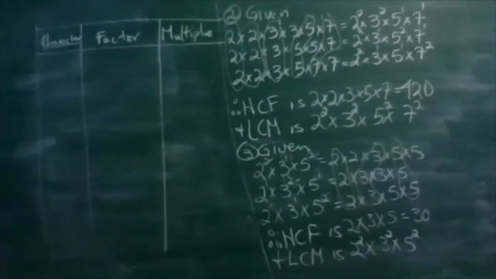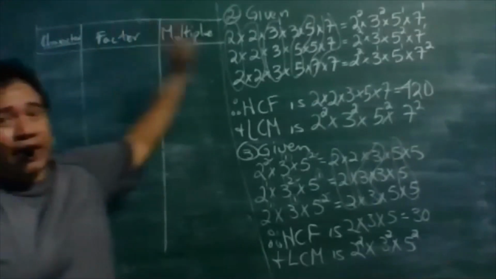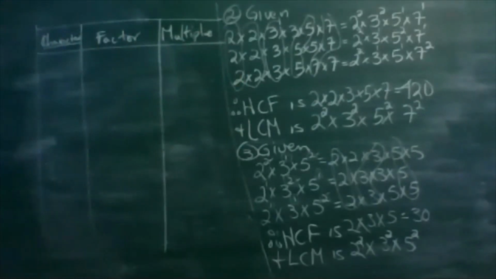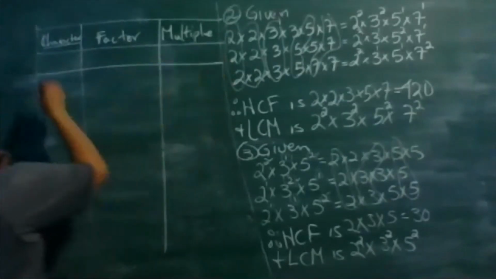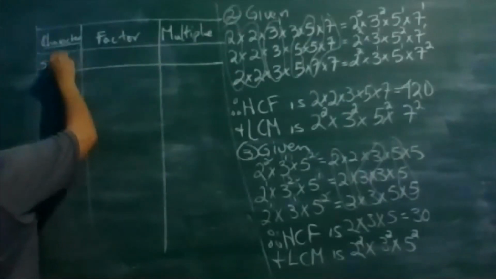So here we have the table with the characteristics of a factor and a multiple, so as to differentiate them between each other, right? The first thing, let's look at the smallest of its kind.